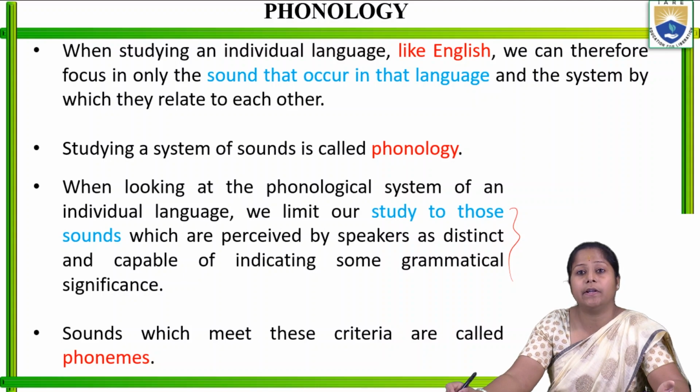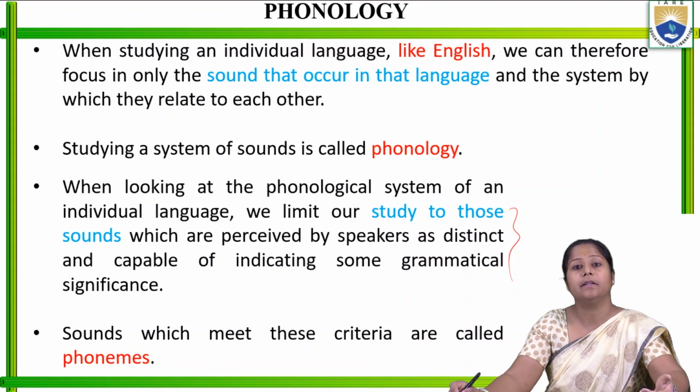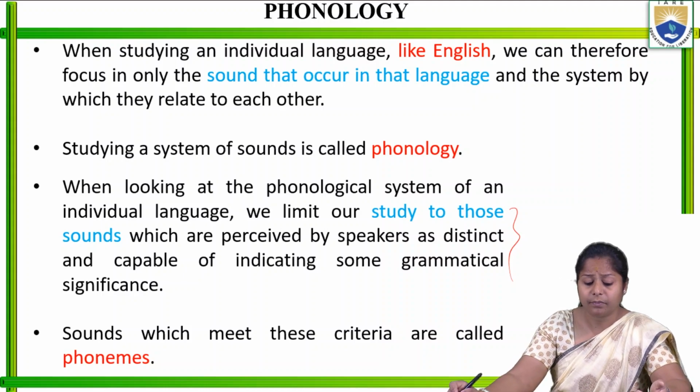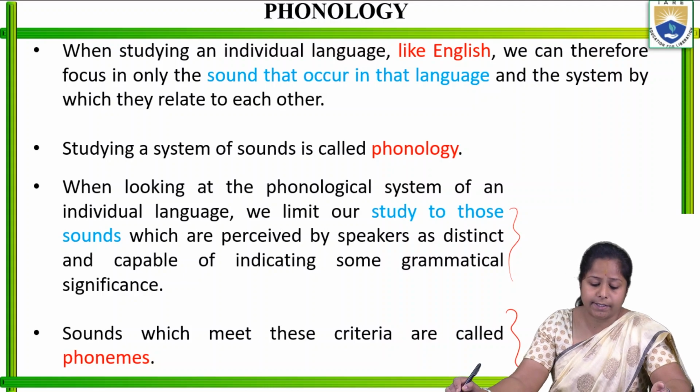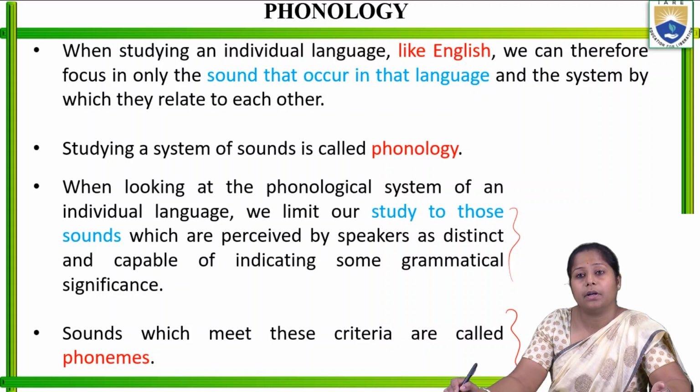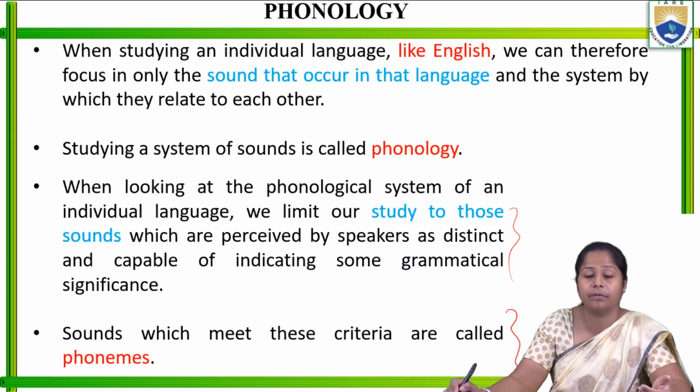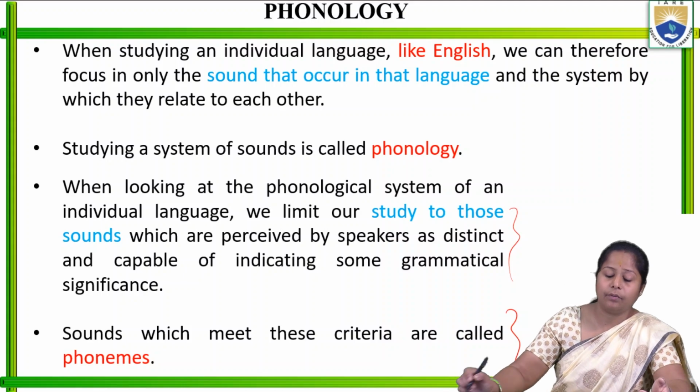That is actually the goal of this phonological system for different speakers. Sounds which meet these criteria are called phonemes. So whatever sounds are made by this grammar, in this study of sounds, are called phonemes.